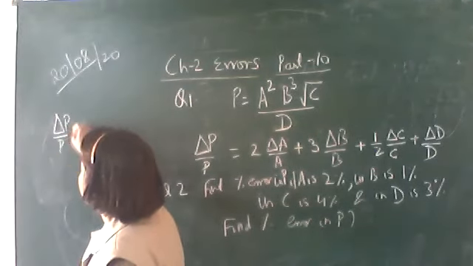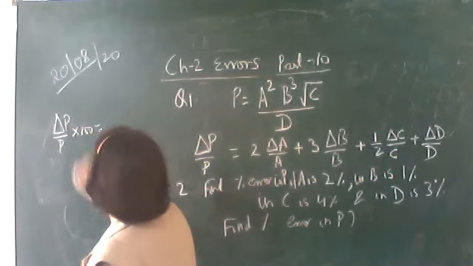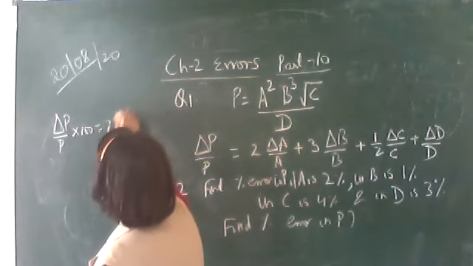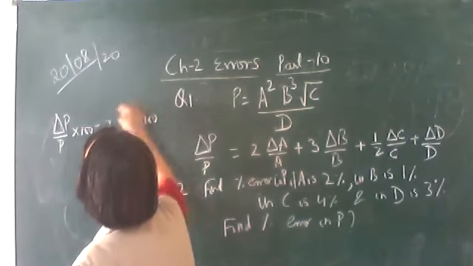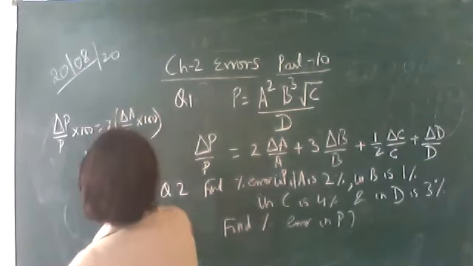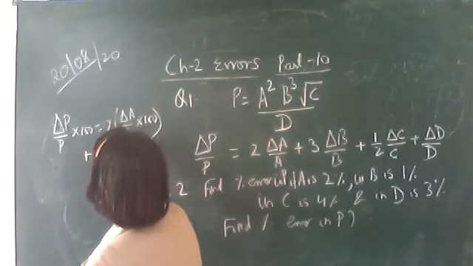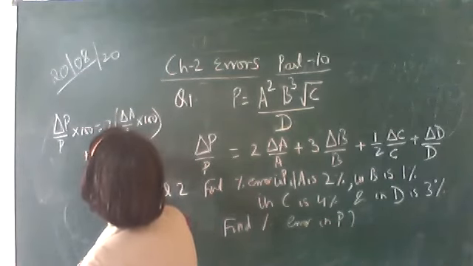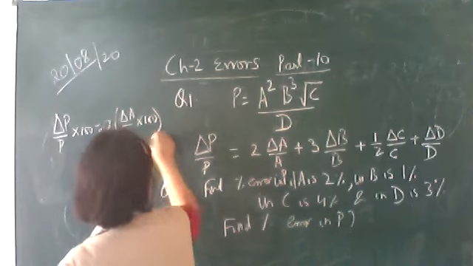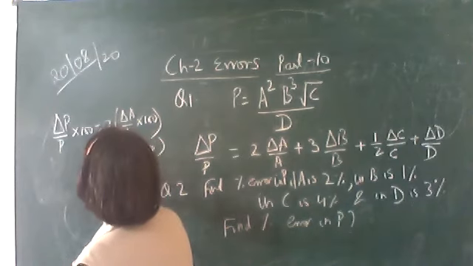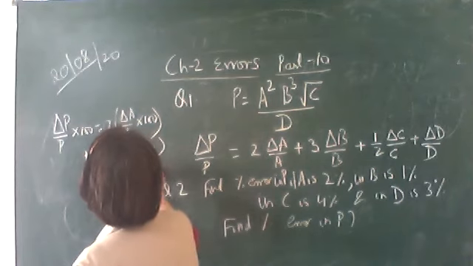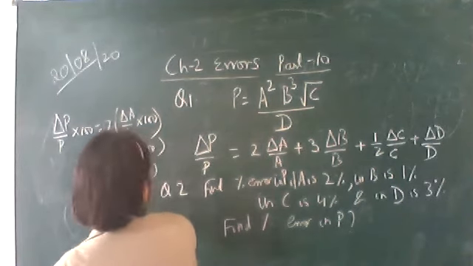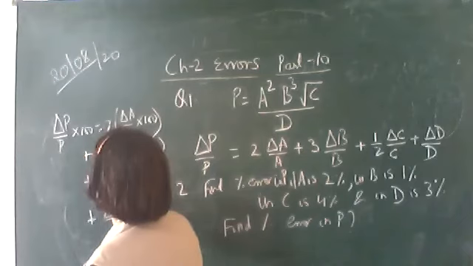Delta P upon P into 100 will be equal to 2 delta A upon A into 100 plus 3 delta B upon B into 100 plus half delta C upon C into 100 plus delta D upon D into 100.